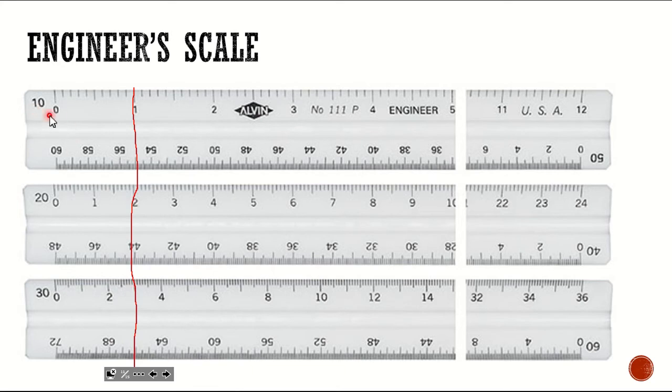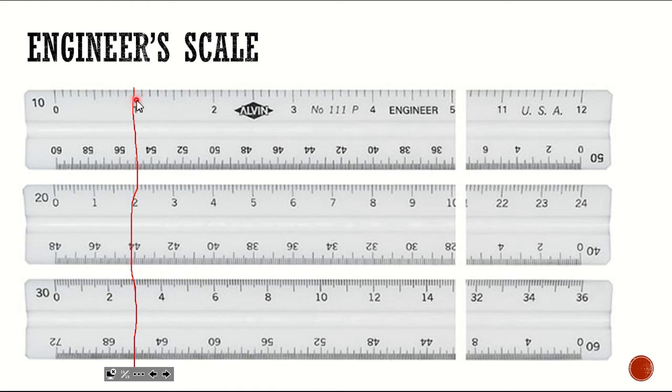But if 1 inch equals 10 feet, at the 1 inch mark, that's 10 feet. At 1 inch equals 20 feet, from 0 to here equals 20 feet. At 1 inch equals 30 feet, it's the same distance, 30 feet. So 1, 2, 3, 4, 40 feet, okay? So I'm just adding a 0 at the end of it.